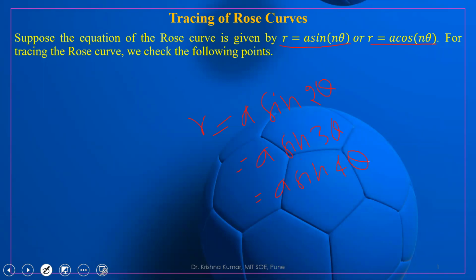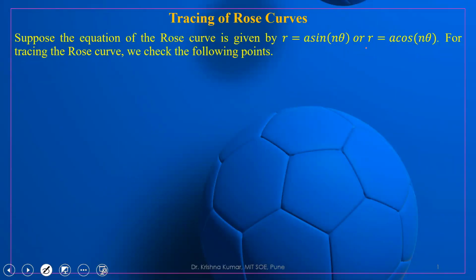Similarly, we can write r equal to a cos 2 theta, r equal to a cos 3 theta and so on. So this is n. That's why the general notation of the Rose curve is r equal to a sin n theta or r equal to a cos n theta.